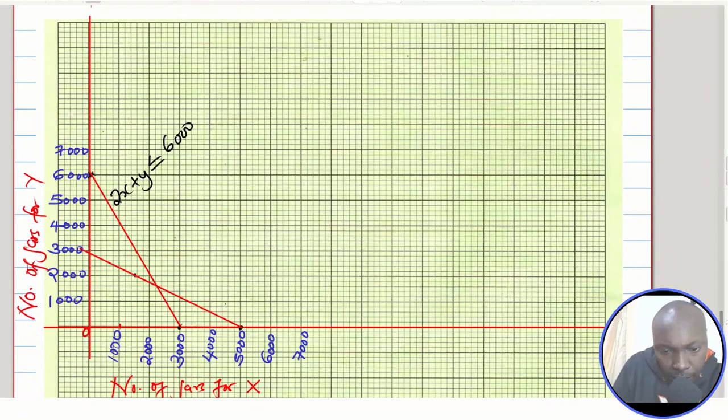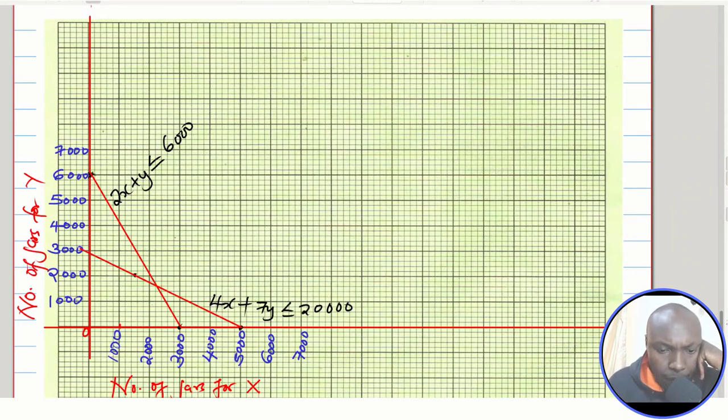Then the other one is 4x plus 7y less than or equal to 20,000. Both lines are supposed to be continuous, since both are less than or equal to. So any point on those lines is also important, and it is not supposed to be ignored.